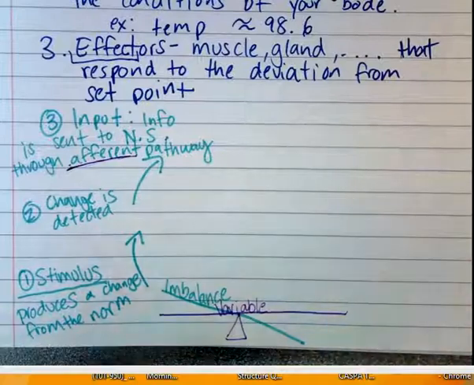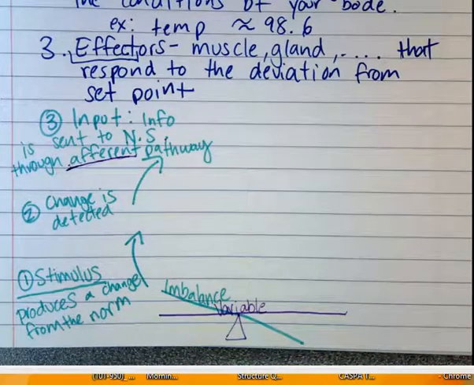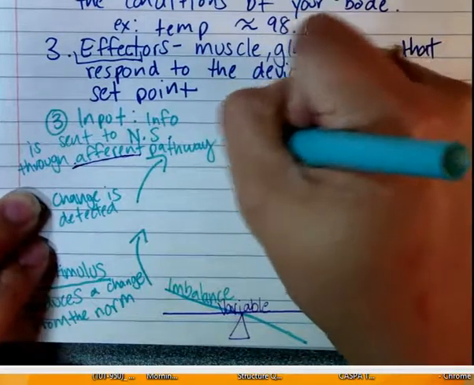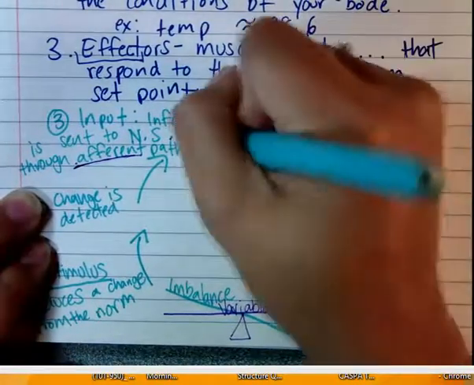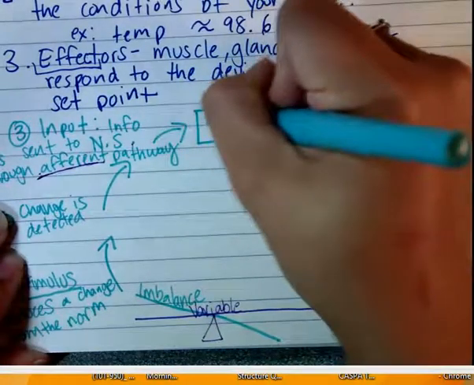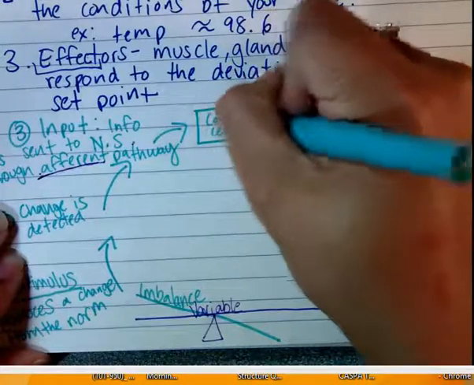That's the first part. Then that information is going to go to your control center, somewhere in your nervous system.